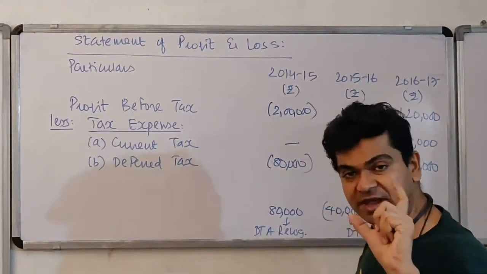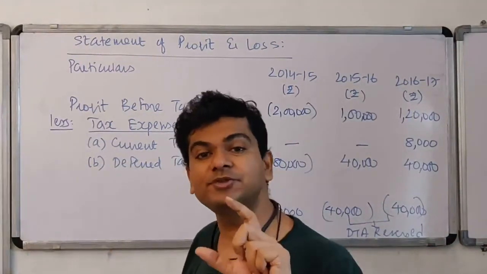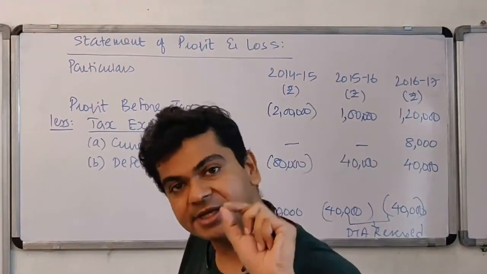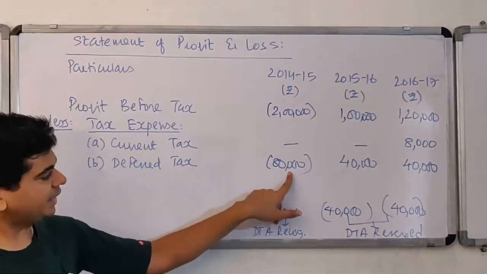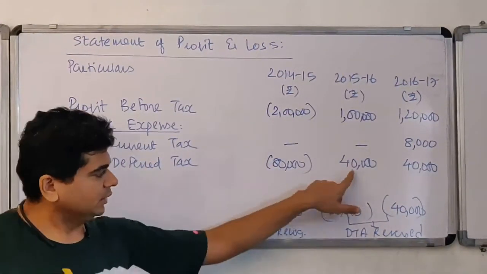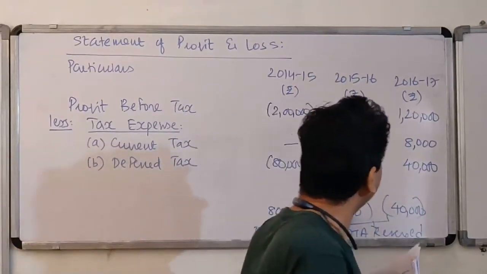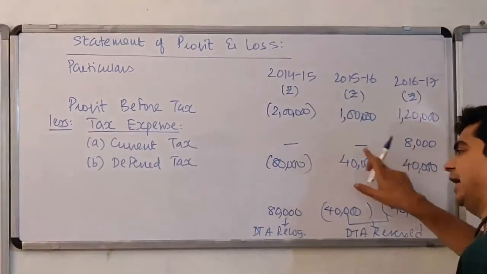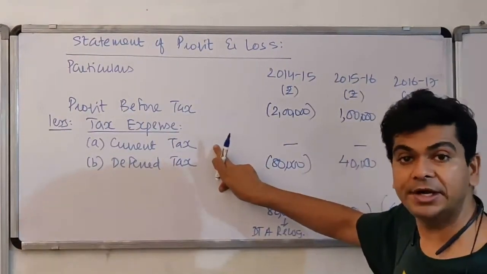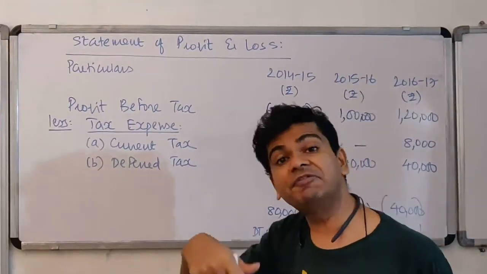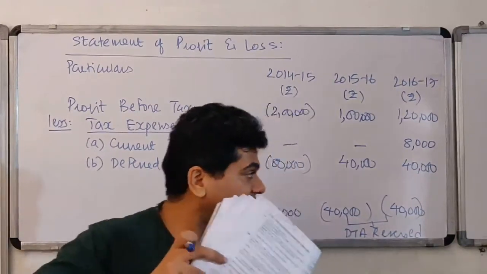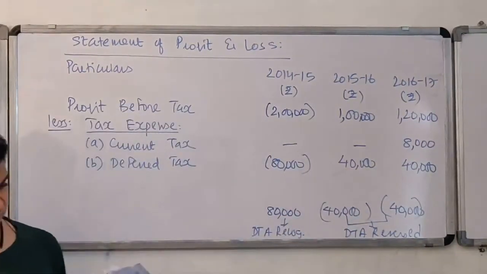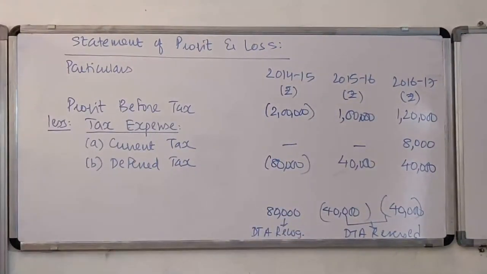Tax expense, we are saying less tax expense. Expense means it should be something that is debited to the P&L. This is not debited to the P&L but credited. So I show as negative. This 40 and this 40 will be debited to the P&L. Similarly, 8,000 of current tax will be also debited to the P&L. Profit and loss account debit to current tax. That's the reason. It is also an expense. So this is how I will be showing it.